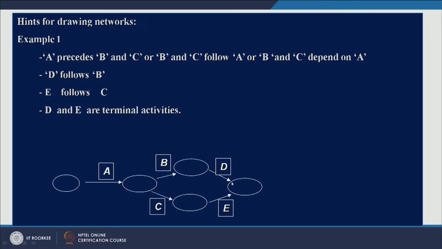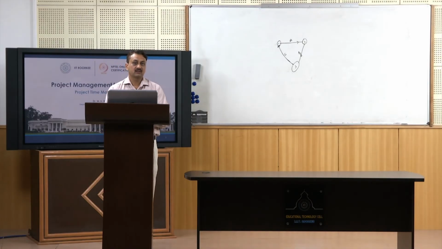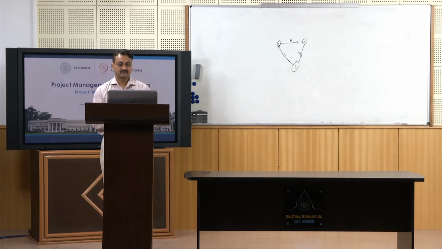In this way you can draw a network, because if you do not draw a network you cannot calculate the exact duration of the project and different other parameters of the project.